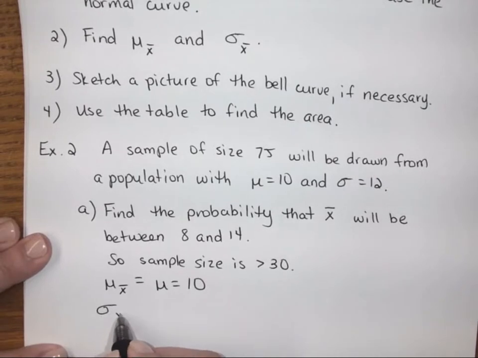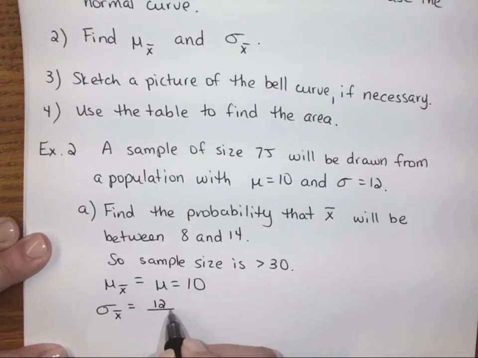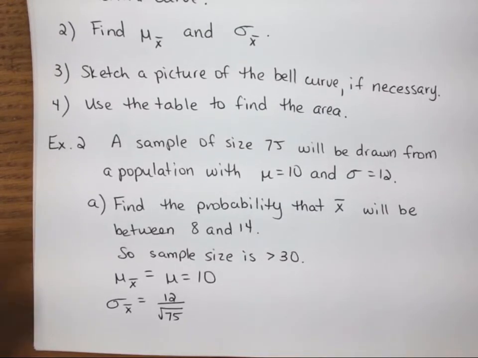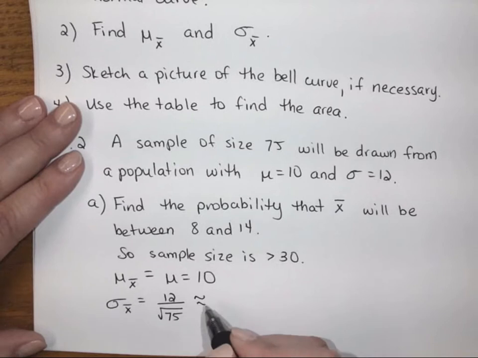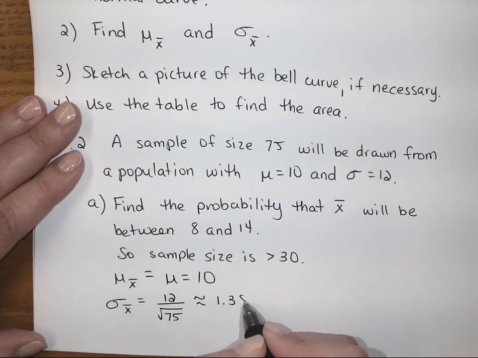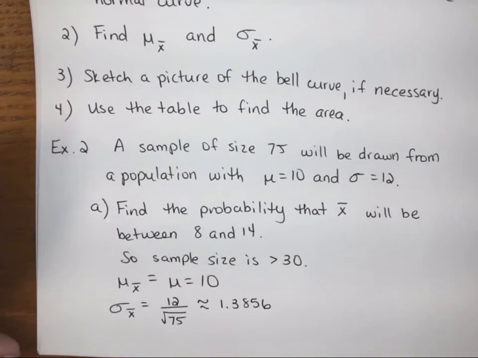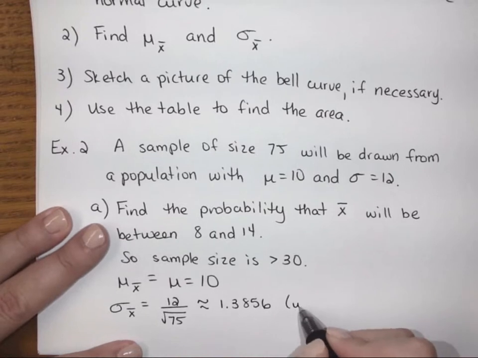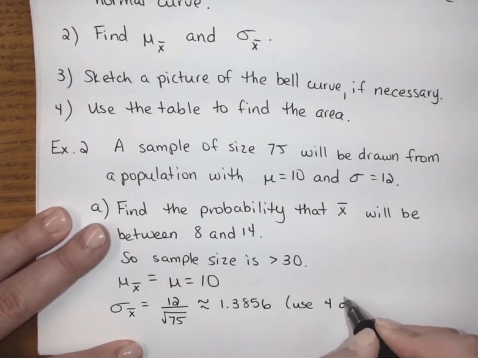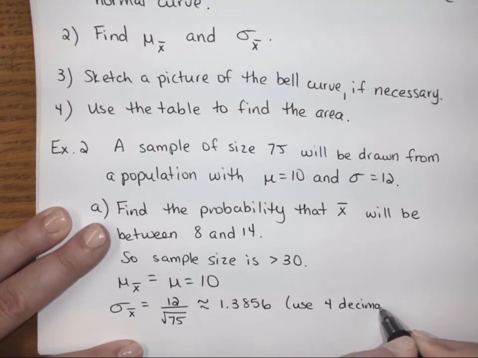The standard deviation of those sample means is going to be your standard deviation for your whole population over the square root of your n, which in this case is 75. So I'm going to want you to use 4 decimal places for this. Okay, usually 4 decimal places will lead to a final answer that is rounded enough.